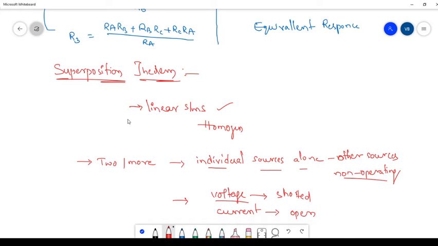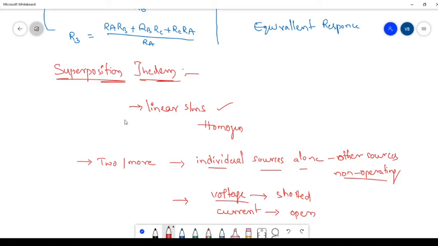So once again, the superposition theorem states that in a network containing two or more sources, the response of any element is equal to the responses caused by the individual sources acting alone, while other sources are non-operating. Other ideal voltage sources and current sources are replaced by short circuits and open circuits respectively.